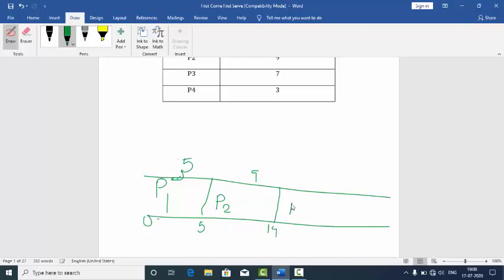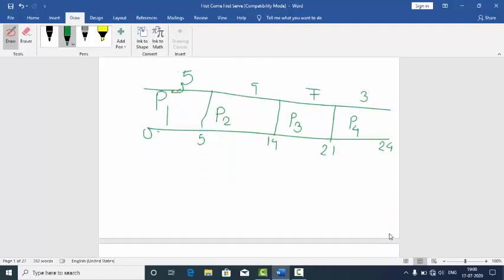Then process P3. It is going to take 7 milliseconds. So 14 plus 7 gives you 21. And finally process P4. It is going to take only 3 milliseconds. So 21 plus 3 gives you 24.